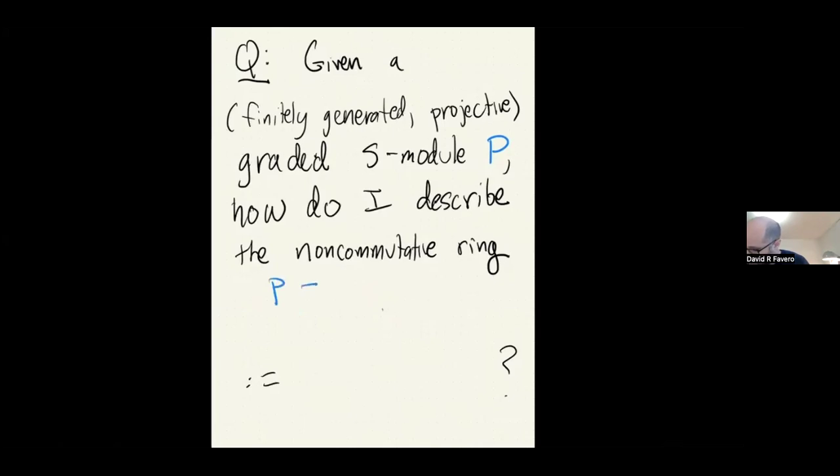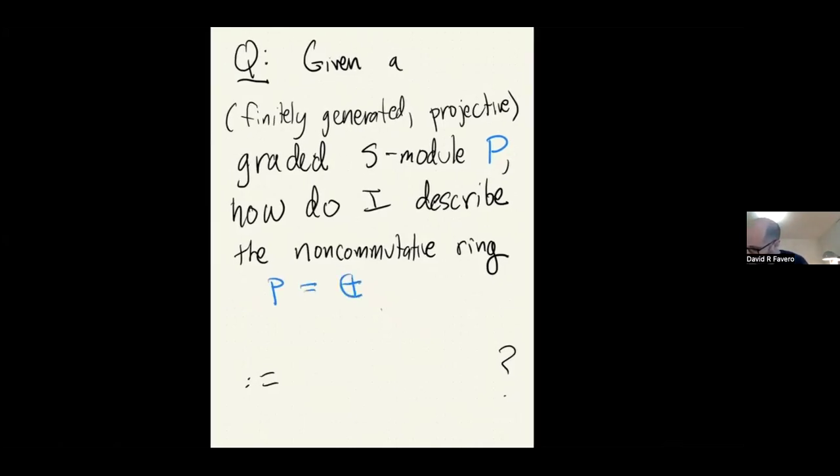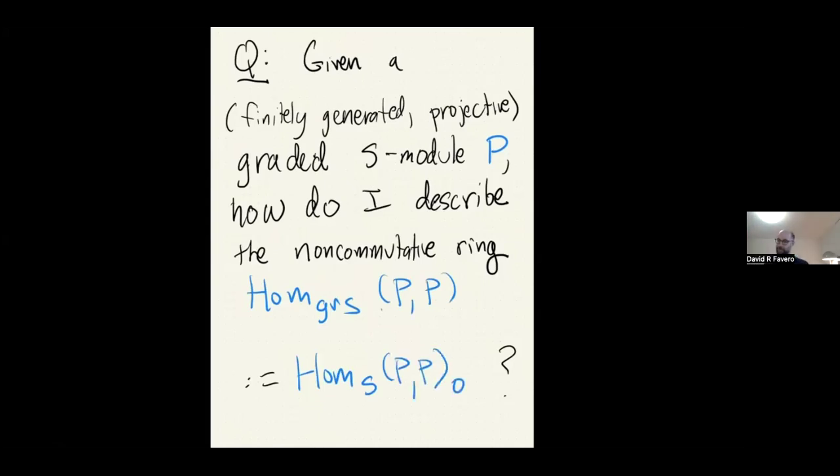P is a projective module, so this is just going to be some sum of S(i), as graded S-modules, of Hom_S(P,P). That's all I want to say here. And then I wanted to give an example. So that's just my question.